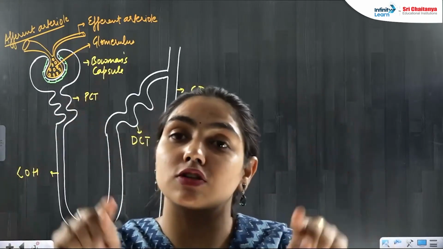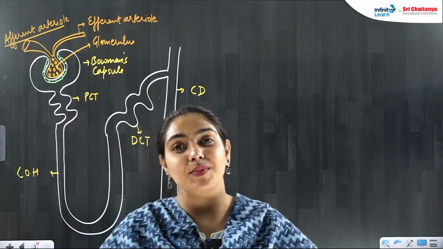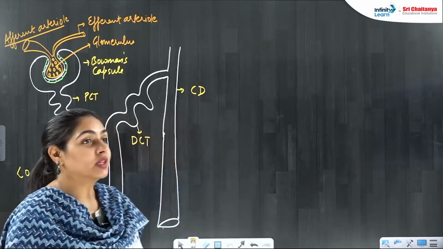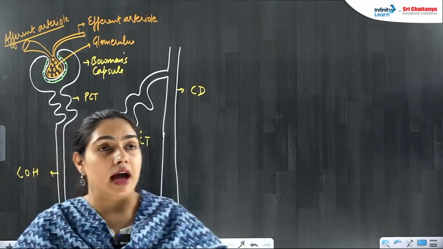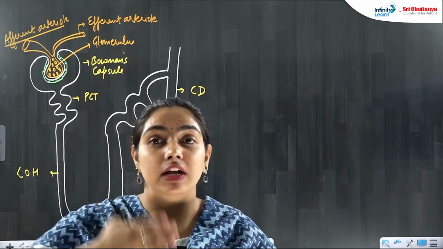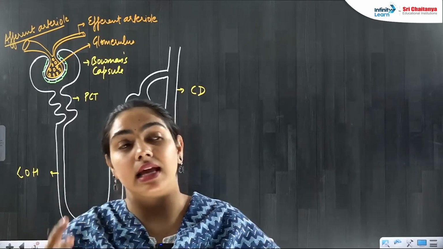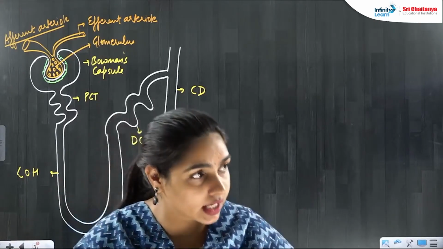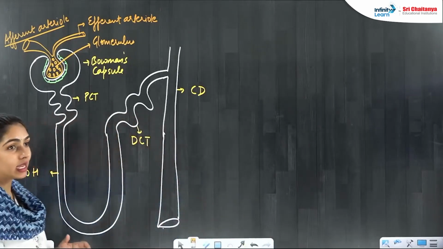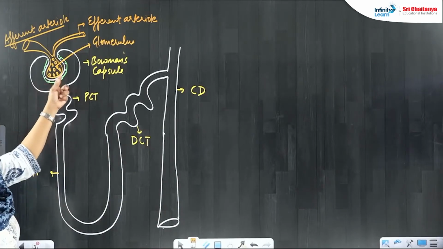Bowman's capsule is also lined by simple squamous epithelium, and that makes the filtration membrane here. Are you understanding why we can say simple squamous epithelium forms the filtration membrane? Because filtration of blood will take place here.